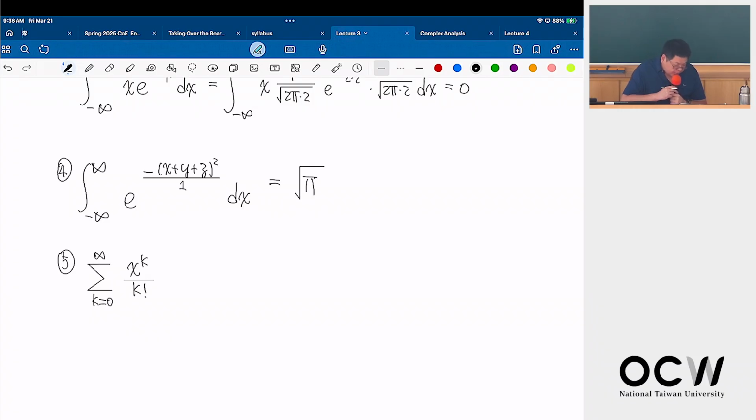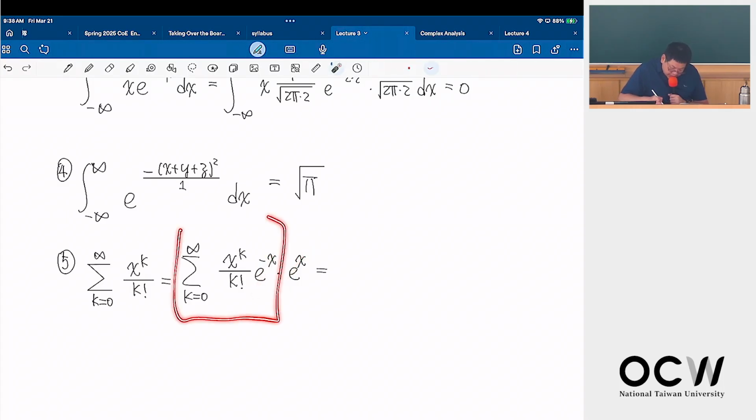And here you see factorial. You may think about the Poisson distribution. So let's rewrite this: x to the k over k factorial, let me times e to the minus x, and then times e to the x back. So this will be the same. They will cancel out.